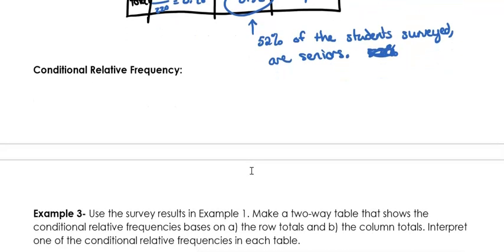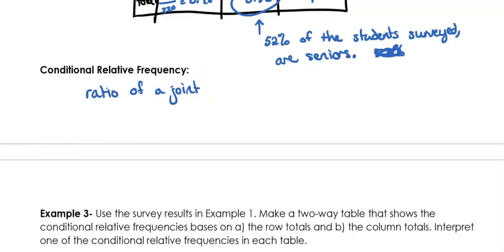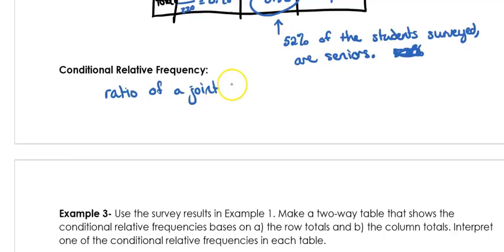All right. Then if we go down and look at example 3, a conditional relative frequency is a ratio of a joint relative frequency to a marginal relative frequency.